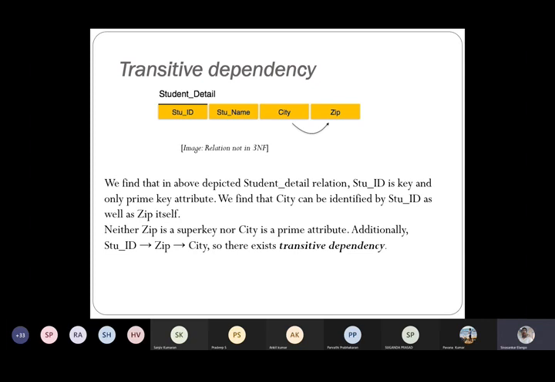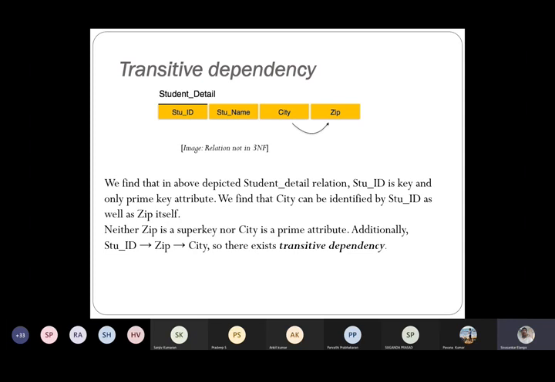So there exists a transitive dependency between the non-prime attributes in a relation, right? The transitive dependency is like student ID determines zip code, which determines the city. This should not happen in the case of third normal form. It emphasizes that there should not be any transitive dependency between the non-prime attributes in a relation.